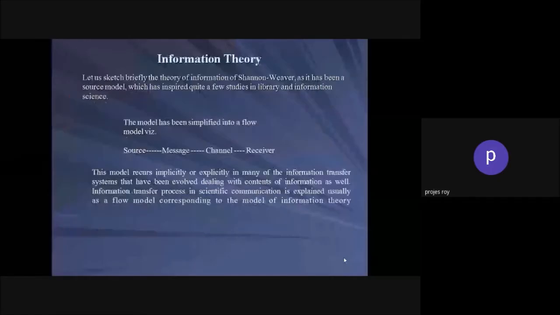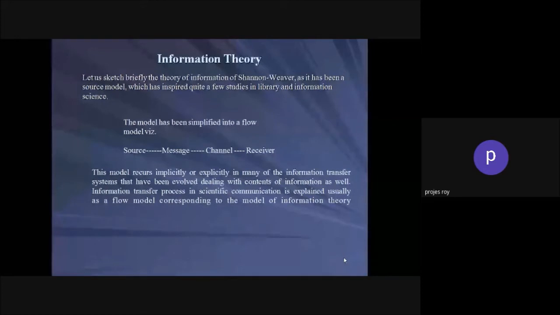In the theory of information, you will see Shannon and Weaver have given a model. This model gives a kind of flow. In that flow, you will see there is a source, a message, a channel, and a receiver. Any information throughout the world creates one piece and it goes as a message through a channel to the receiver.